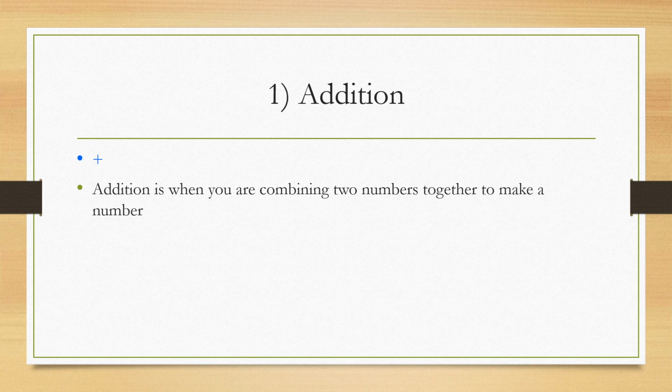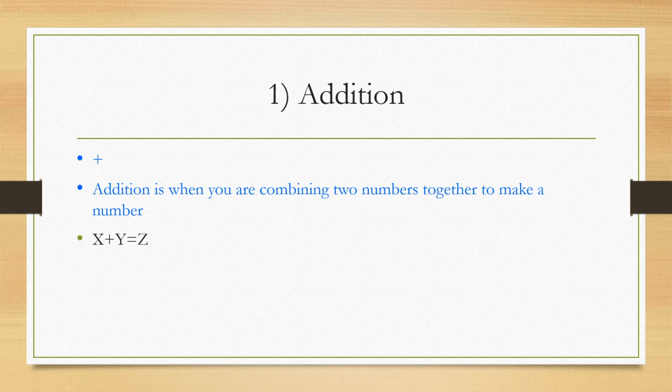At the end, you would have Z sweets in total. Usually when you're doing a question, this is what the form looks like. This is not exactly the method, but this is what the form should look like: X plus Y equals Z.